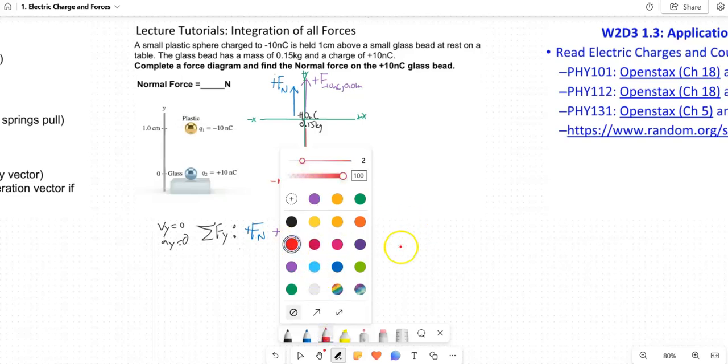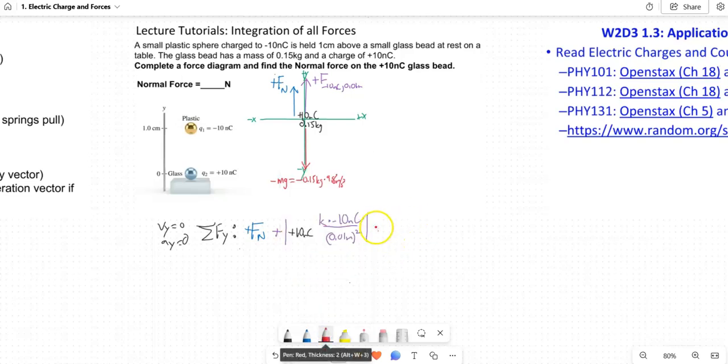And now let's go ahead and rate this. Our negative mg is going to be minus 0.15 kilograms times 9.8 meters per second squared. Now, the negative here comes from the vector. 9.8 is not negative or positive.